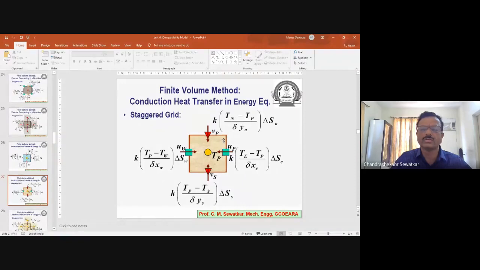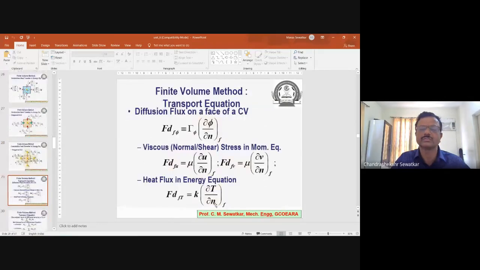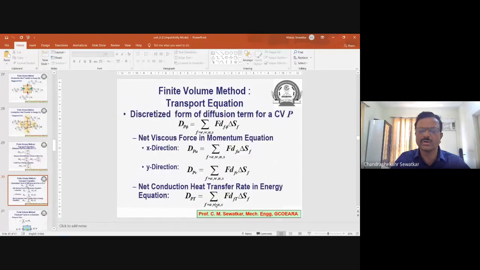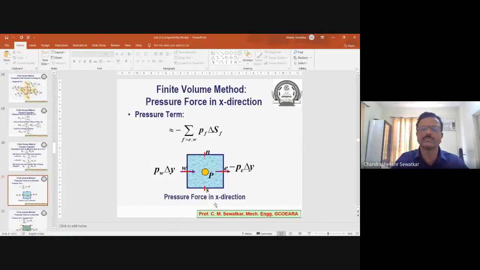Then we also talked about the conduction heat transfer using Fourier law of heat conduction. From that law itself, we can derive the discretized form of the conduction term in the heat transfer equation, the energy equation especially. Then we wrote the equation in terms of diffusion flux or total diffusion, which is occurring across all the phases of the control volume.